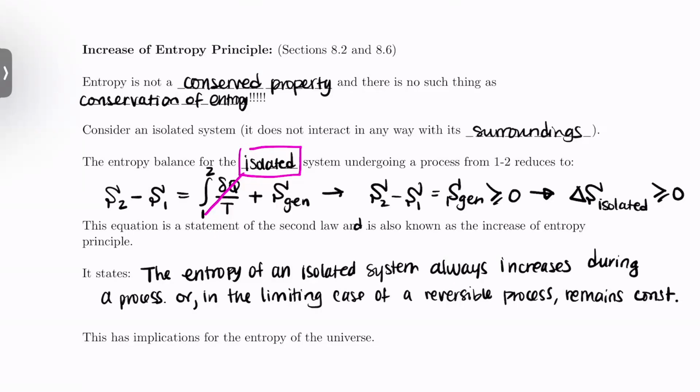So that is the greater than or equal to 0. It equals 0 if we have a reversible process. Otherwise, it always has to be greater than 0. So entropy has to increase.